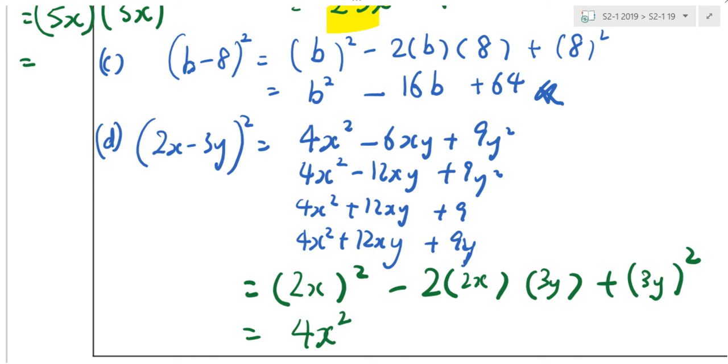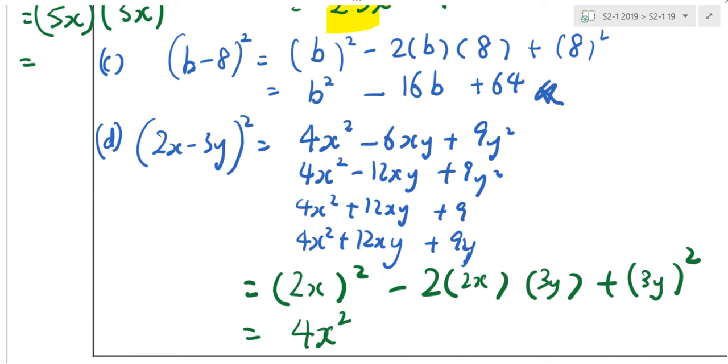I want you to think of it as a minus. But what is the condition? The condition is over here the b, you must not put the negative. But whether you put negative or not, as long as the final answer you are able to tell me, teacher, this one is a square minus 2ab plus b square, I am okay.